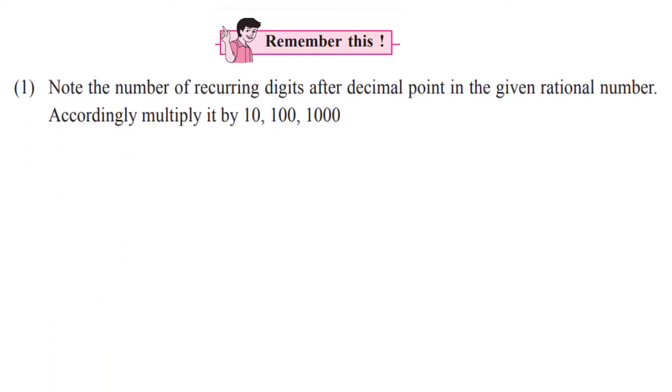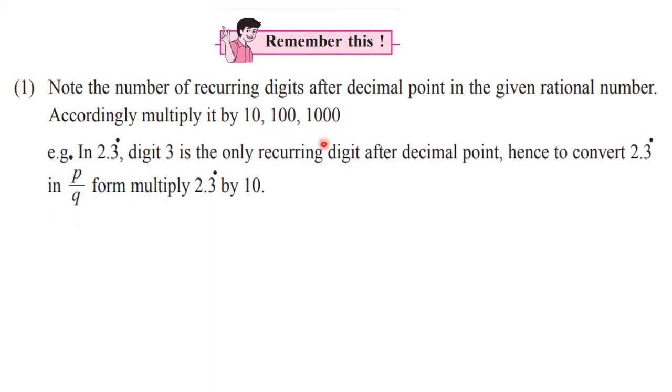So the first important point here is the number of recurring digits after the decimal point in the given rational number. We have to count first, and then accordingly we have to decide whether we have to multiply by 10, 100 or 1000.